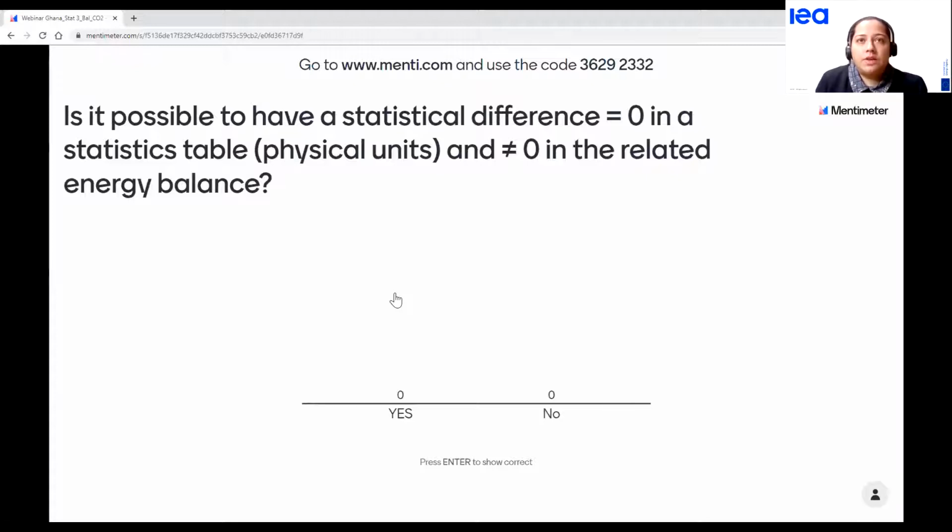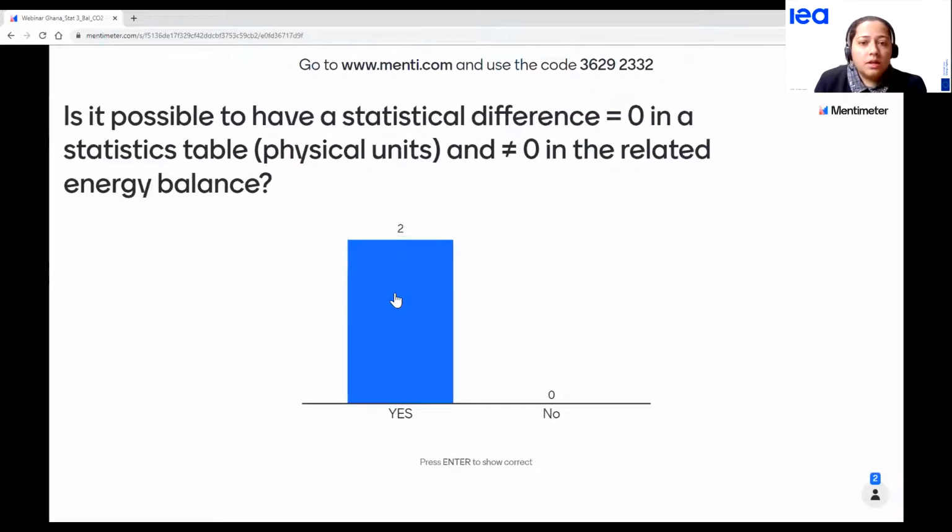The first question is: is it possible to have a statistical difference which is equal to 0 in a statistics table in physical units, and which is not 0 in the related energy balance? For example, you have your statistics table for coal, which is in kilotons in physical units, but then you convert it into an energy balance and report it, for example, like at the IEA, in tons of oil equivalent.